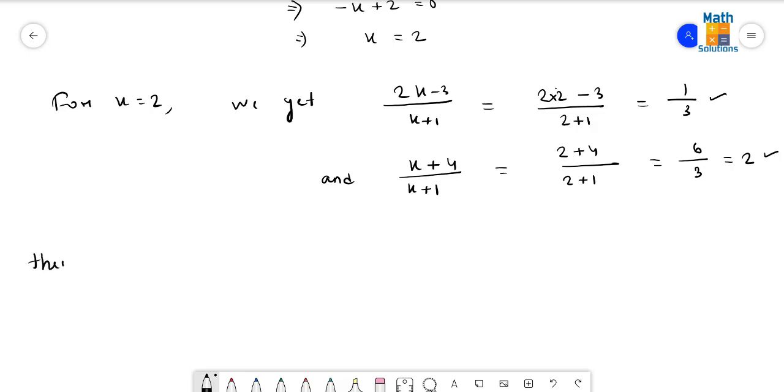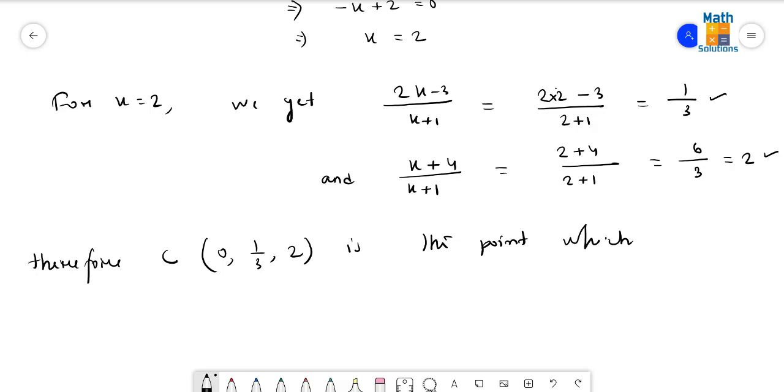Therefore C (0, 1/3, 2) is the point which divides AB internally.